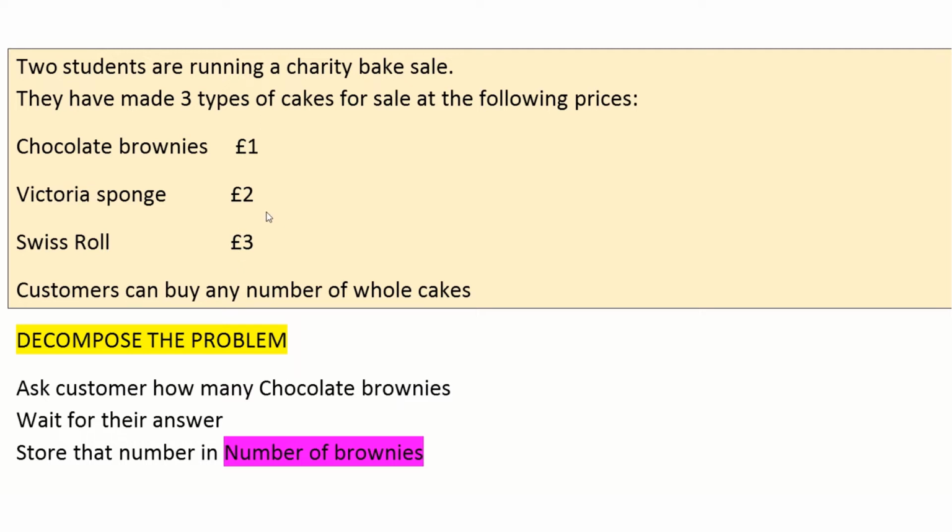So if somebody bought 10 Victoria sponges, then it'd cost £20, because I'd multiply the 2 by however many Victoria sponges they got. And if they bought 1 chocolate brownie as well, I'd add on £1 for that, and if they had 2 Swiss rolls, it'd be 2 times 3. And then you'd add them all together. So I'm going to write that out as a calculation and store the answer in a new variable.